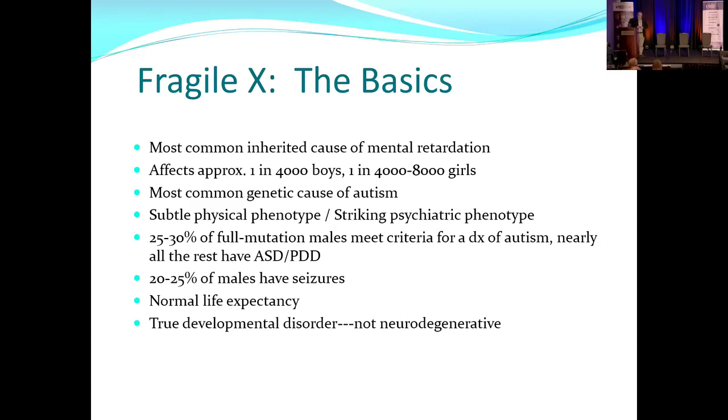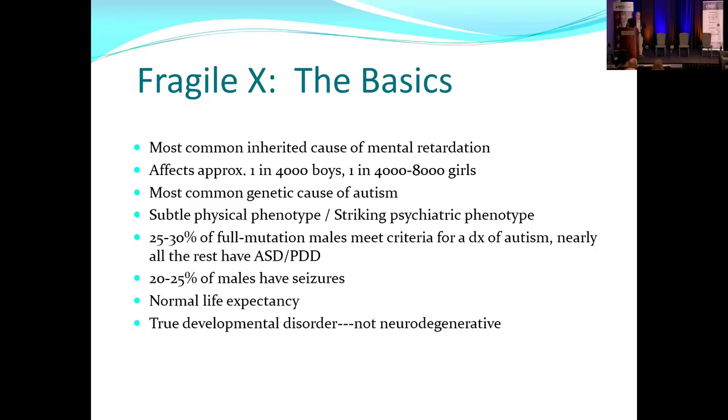About 25 to 30% of full mutation males meet the criteria for a diagnosis of autistic disorder. That is what I like to call big A autism. And just about everybody else has an autism spectrum disorder, which I often call little a autism. So really Fragile X is an important model for the study of autism.